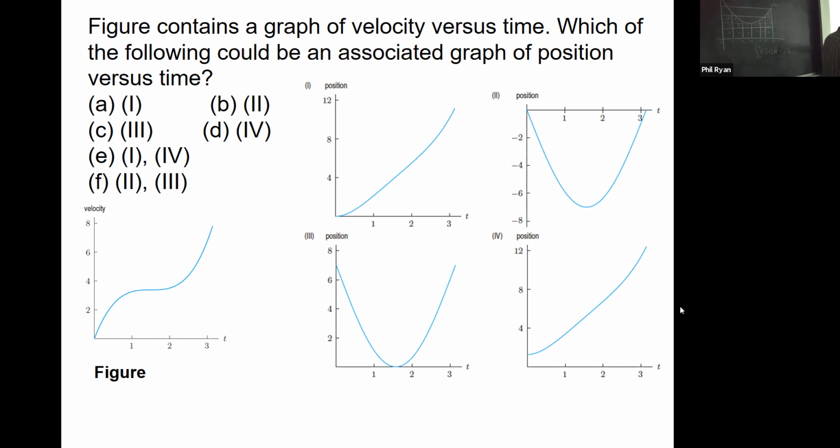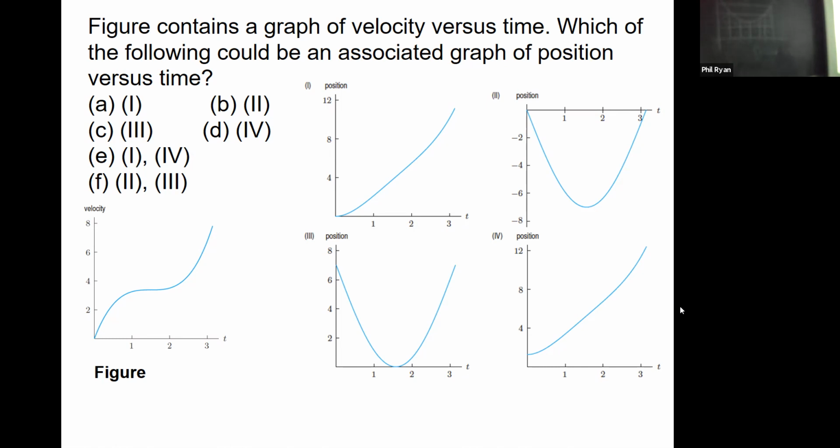Okay, so what can you tell me about this velocity here? It's positive. So if the velocity is positive, what does that tell us about position? If the derivative is positive, what does that tell us about the function?